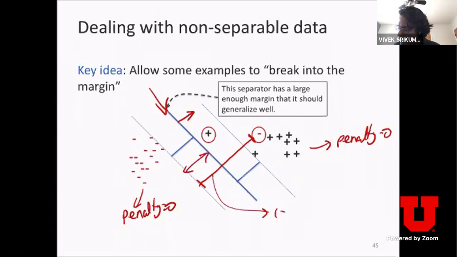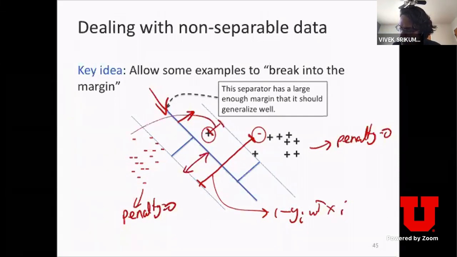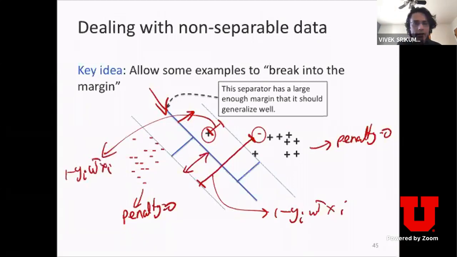This is 1 minus yi w transpose xi. And on the positive example, this example has broken into the margin, and this quantity is again 1 minus yi w transpose xi. That's the penalty it pays. So the price of admission for choosing this particular weight vector is whatever this gap is plus whatever this gap is. And that's the penalty that the classifier has to pay.